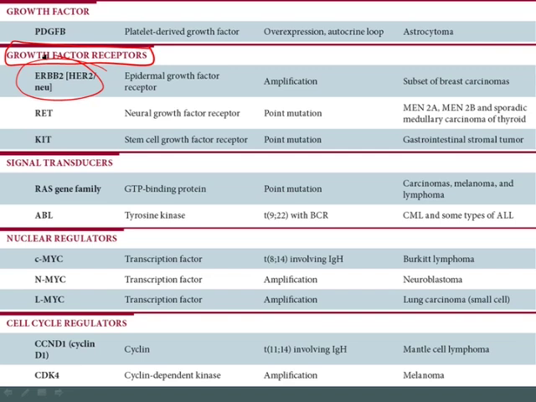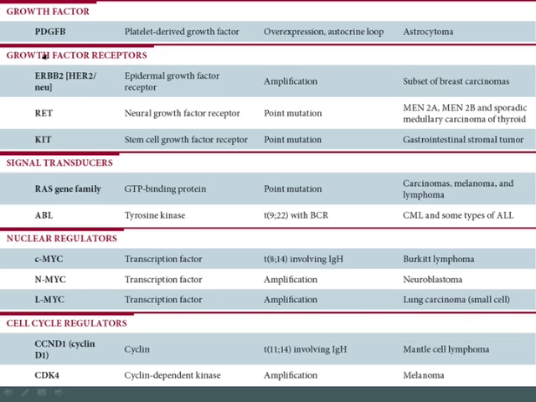So we could ask, which of the following tests would be important to perform in order to determine whether or not she should be treated with the drug? A, estrogen receptor, B, progesterone receptor, C, HER2/neu, etc. And obviously the answer would be HER2/neu. So it's important to be familiar with, and I would basically say that in a subset of breast cancer, there is amplification of the HER2/neu growth factor receptor.